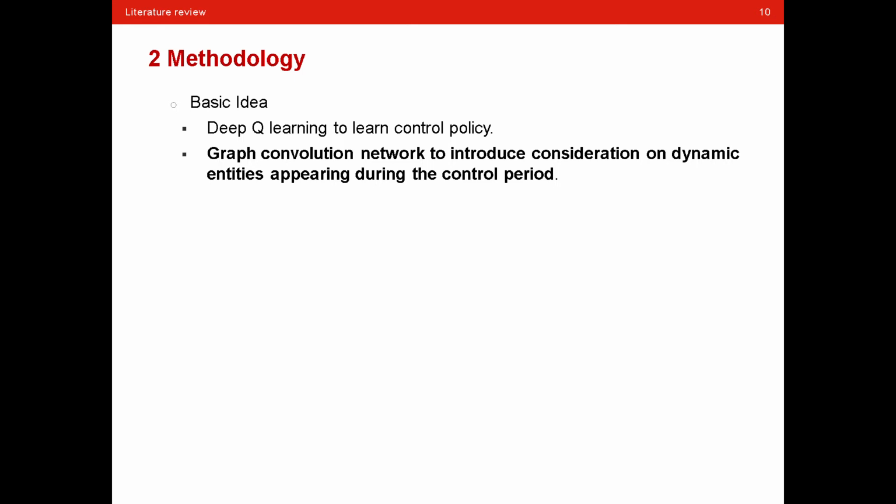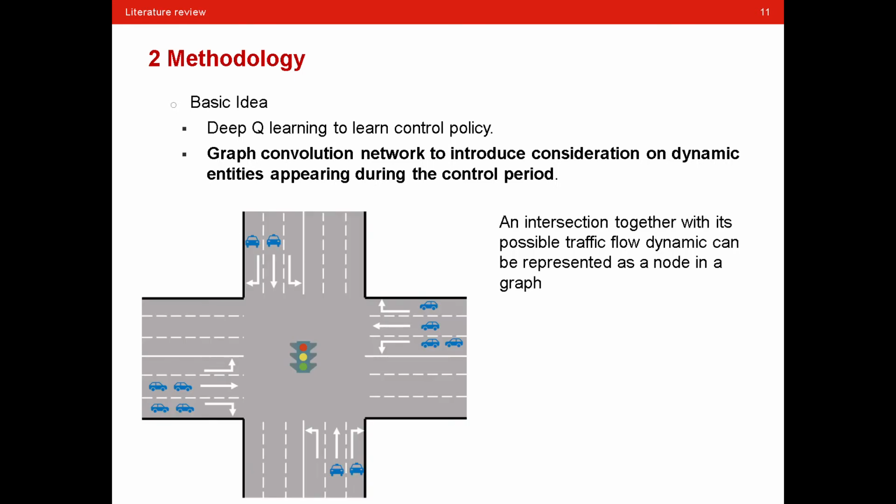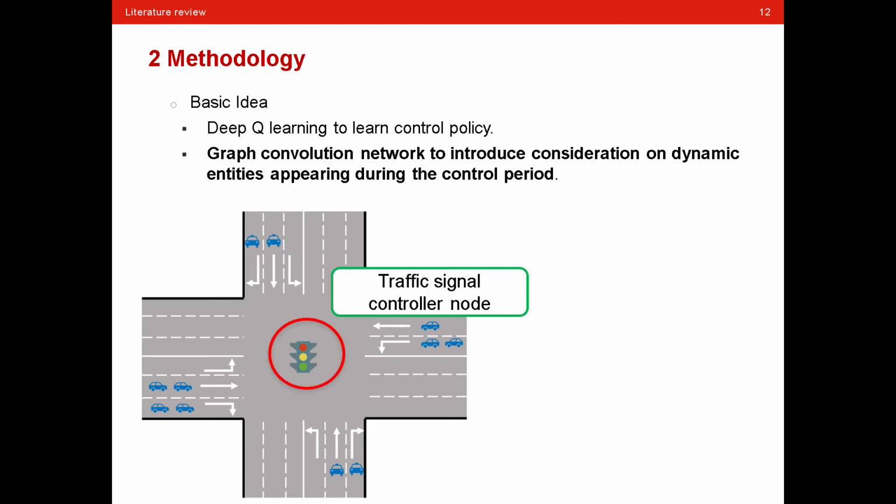So how do they form the graph before they feed it into the neural network? Let's have an intersection here. An intersection together with its possible traffic flow dynamics can be represented as nodes in a graph, as stated in this paper. The first type of node is called the traffic signal controller node.